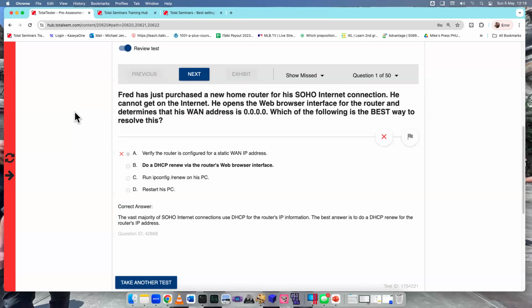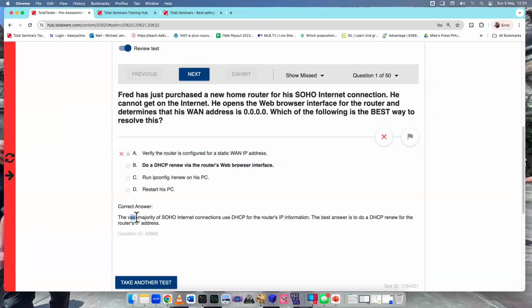It gives you the correct answer and it shows you the one that you selected. So I said verify that it's a static WAN address. I thought we needed to change it to a static WAN address. The correct answer is do a DHCP renew in the router's browser interface.